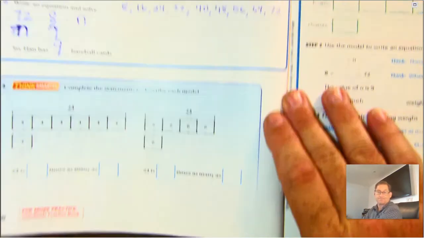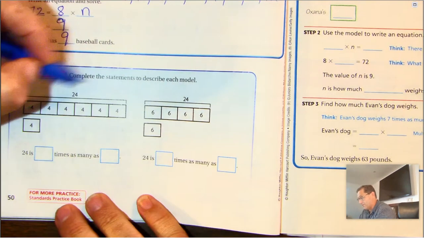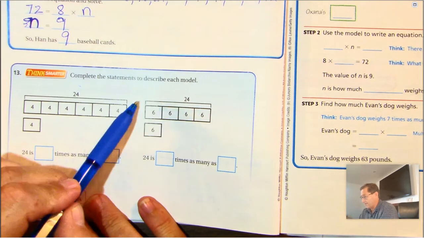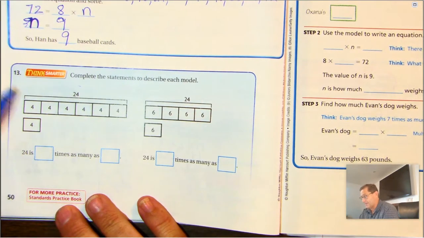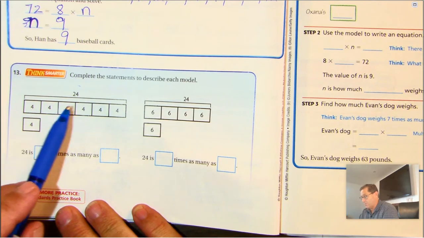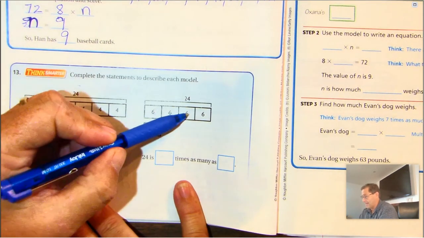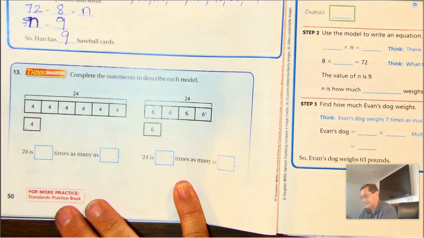Number 13. Complete the statements to describe each model. So we have a total of 24 in both. I know that because that's what this bracket means. And in this one, I have 1, 2, 3, 4, 5, 6 times as many as 4. In this one, I have 4 times as many as 6.